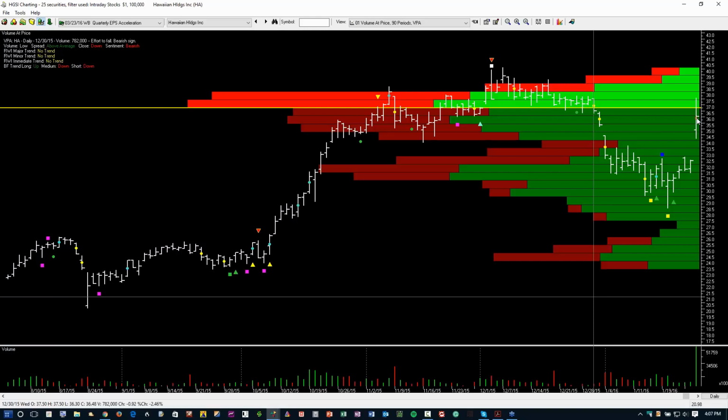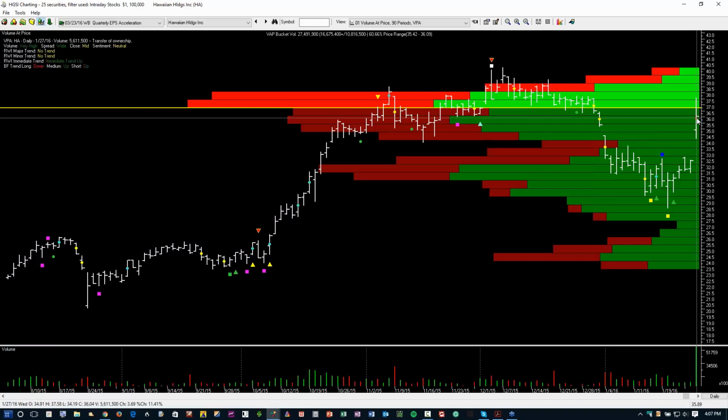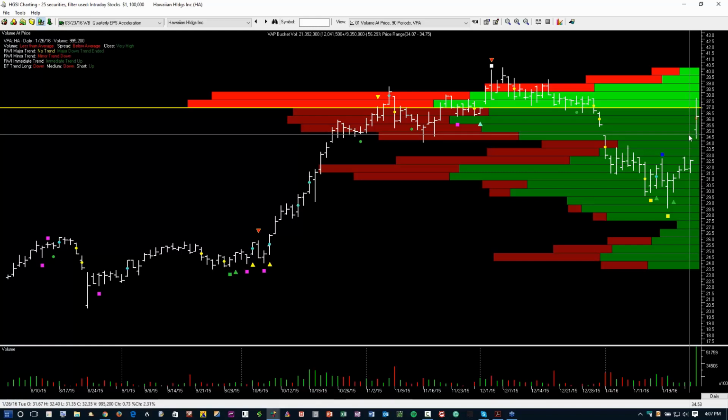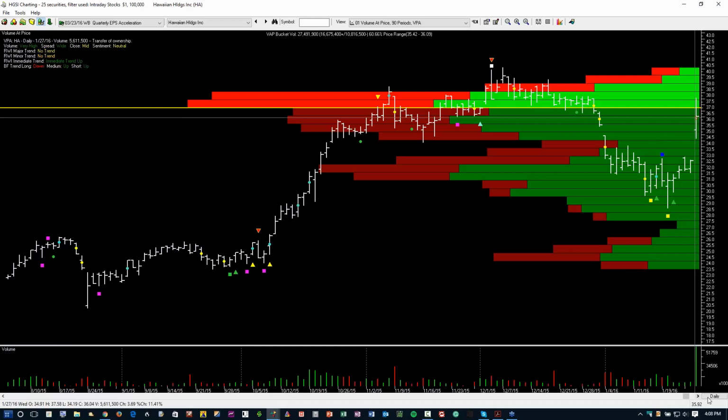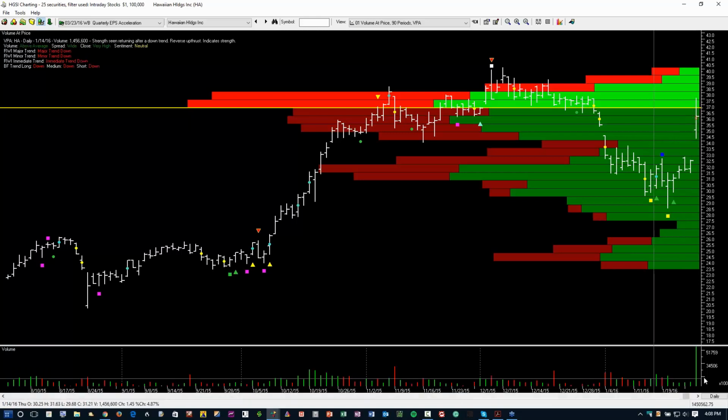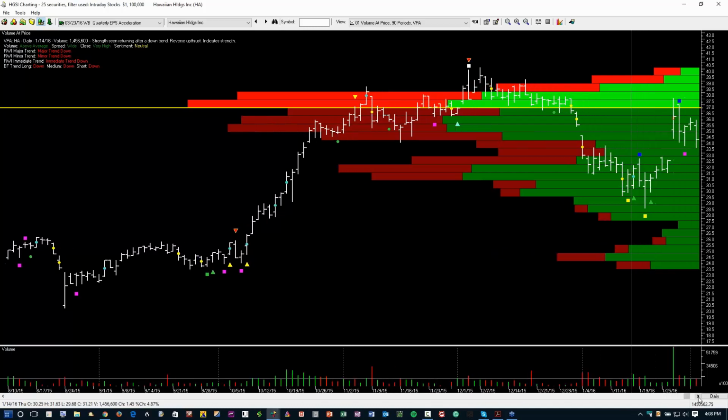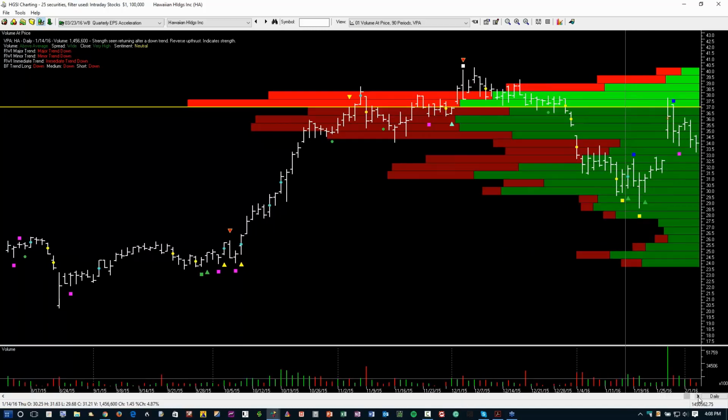But on this day too, there was one of the transfer of ownership signals, because it got up to this resistance area and it backed off. And notice how there was a huge amount of volume on that day, and so it is interesting that line, the VPOC, really was a huge amount of resistance in this stock, so I don't think it was able to break.